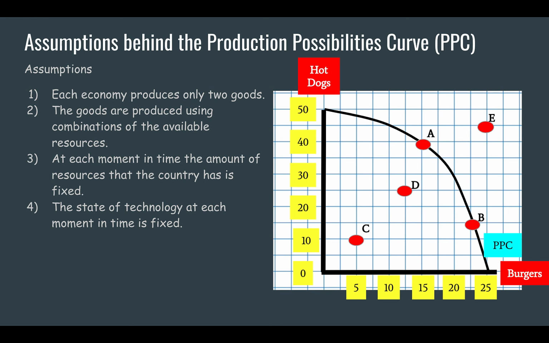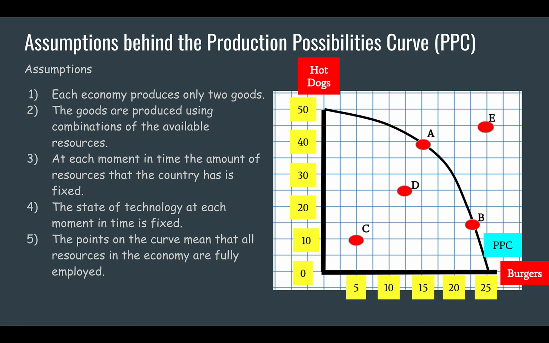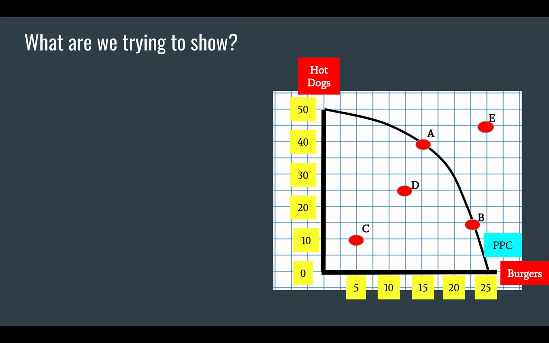There's only a certain amount of resources available, a finite number of factors of production, we know that. The points on the curve mean that all resources in the economy are fully employed, but not just fully employed, efficiently used. Okay.